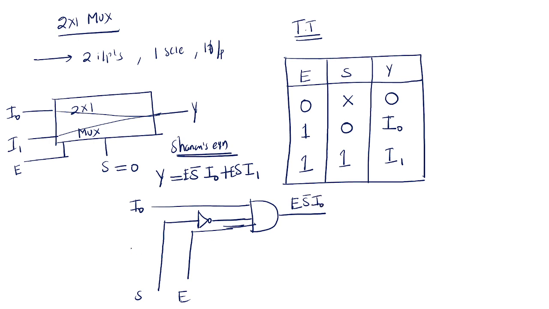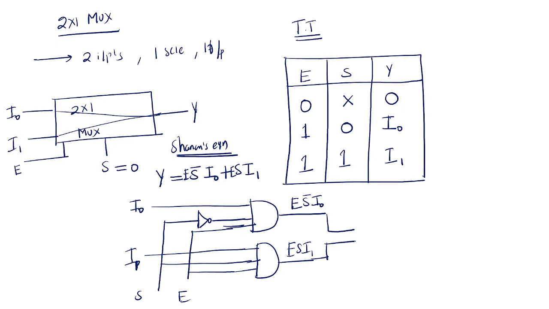Again, let us take one more input, that is I1. Enable, S and I1 are connected with an AND gate. Both of these are connected with an OR gate. So here you get y equals enable S bar I0 plus enable S I1. This is the 2 cross 1 MUX. Is it fine?